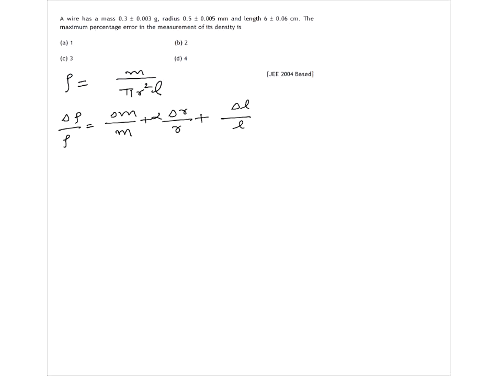It should be as simple as that. Then multiplying everywhere by 100. So what do you think is the answer? Option D. Yes, option D.